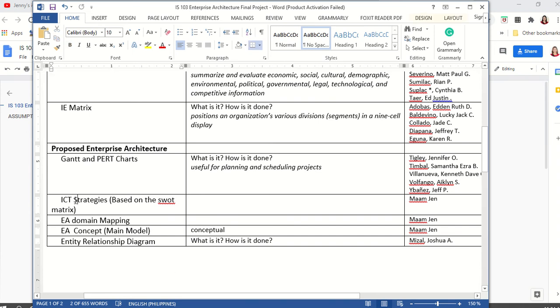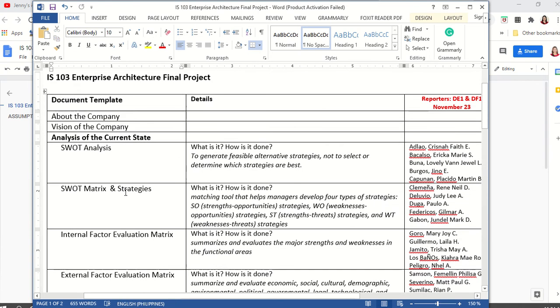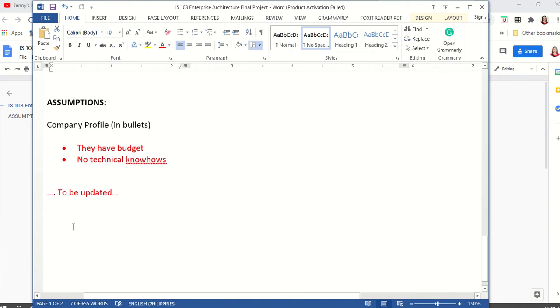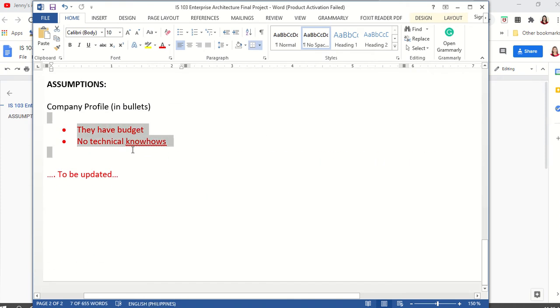And then, ICT strategies next. So, I will be the one to report here, based on the strategies or SWOT matrix that we made. Based on our mapping here, which ICT strategies will you choose as a team to implement in our assumed company? But again, the strategies you choose will depend on the features of the company.